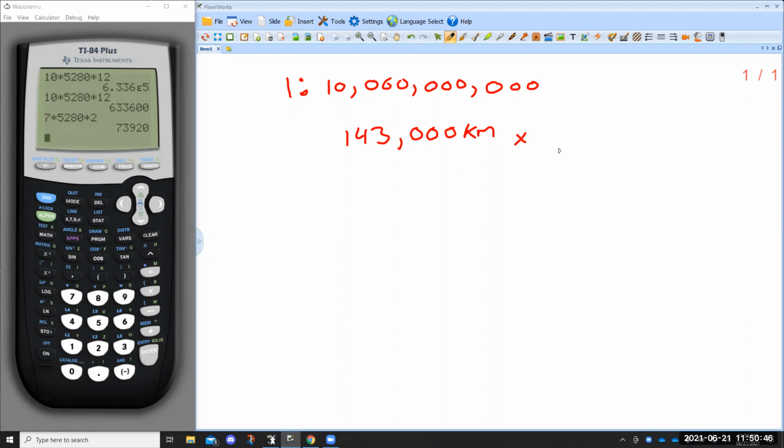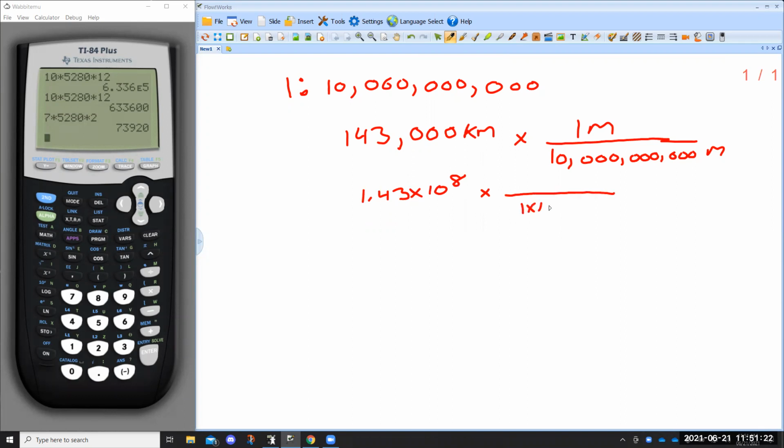times. So this is going to be 1 meter is going to represent 10 billion meters. And so let's use scientific notation here. 1.43 times 10 to the 2, and 3 is 5, plus another 3 is 8, times 1 times 10 to the 1, 3 is 4, 7, that's 10.